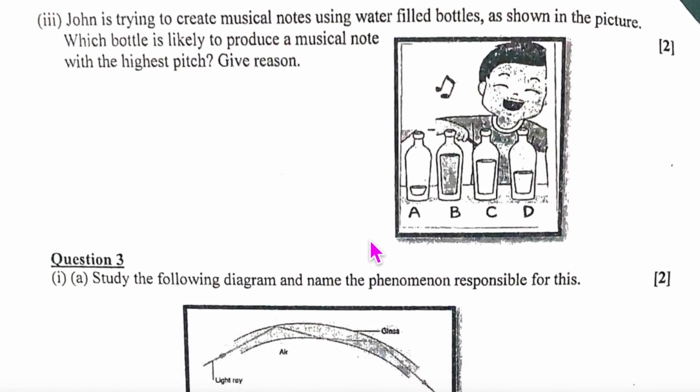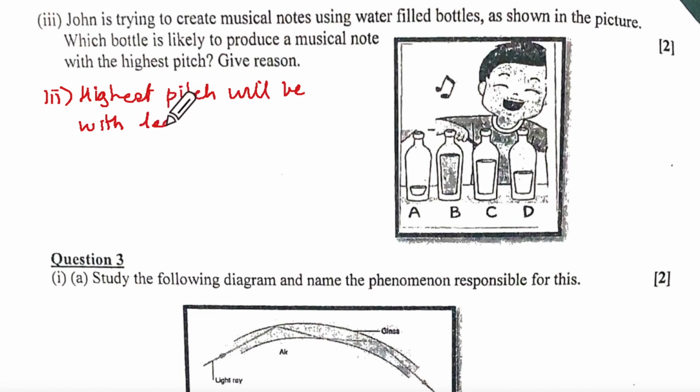John is trying to create musical notes using water-filled bottles as shown in the picture. Which bottle is likely to produce a musical note with the highest pitch? Give reason. B. Okay, so highest pitch B, since it will have the highest frequency, lowest length, with least air column.